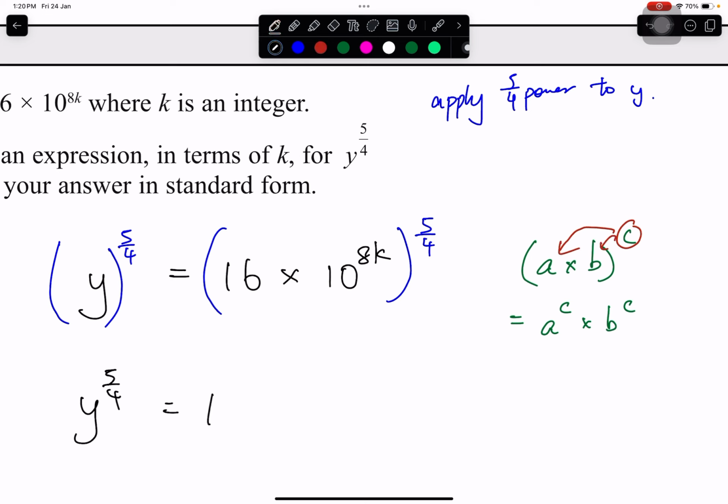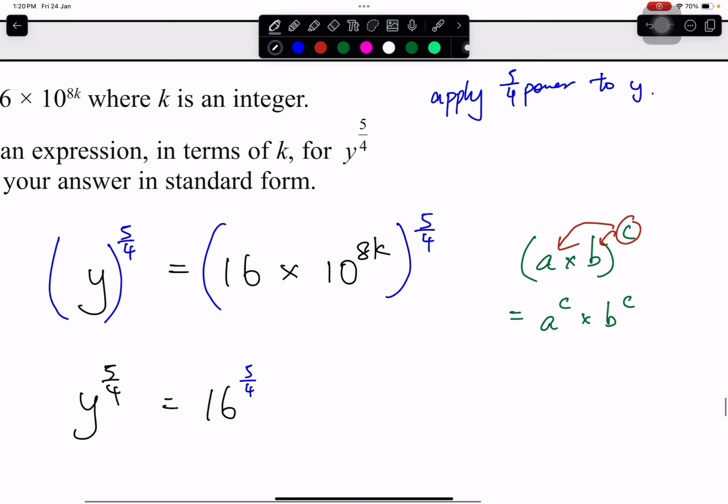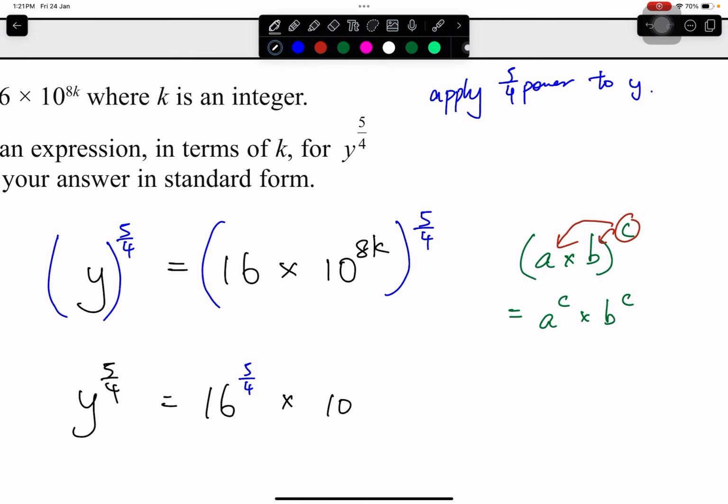So we're going to have 16 to the power of 5 over 4 times 10 to the power of 8k, and then to the power of 5 over 4, because I add the bracket since you can't directly put the power onto it, right?